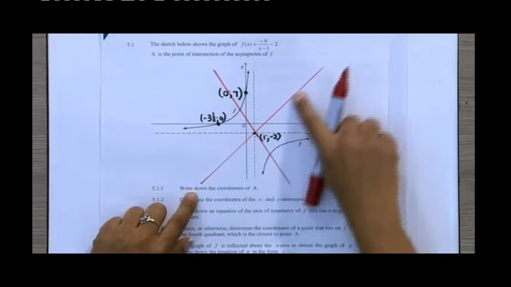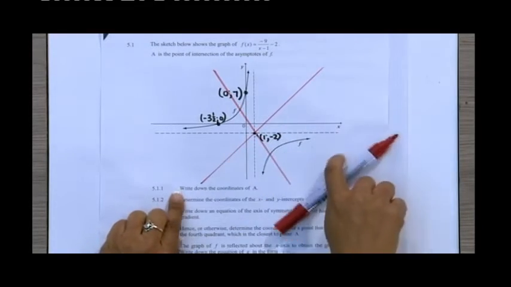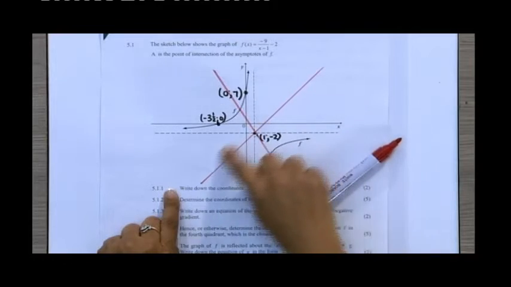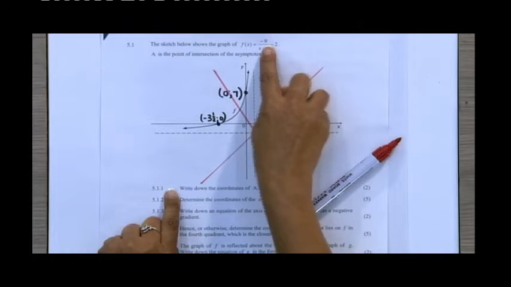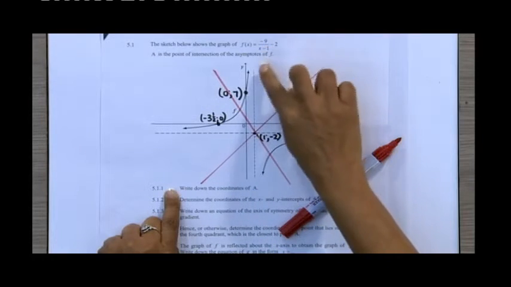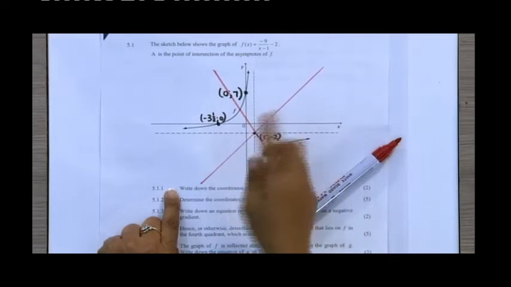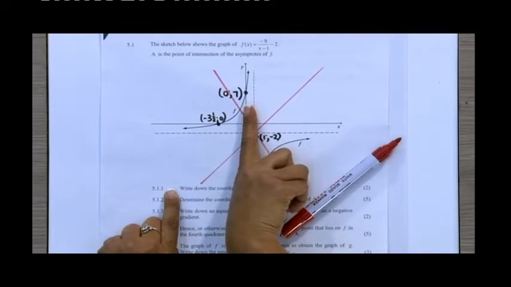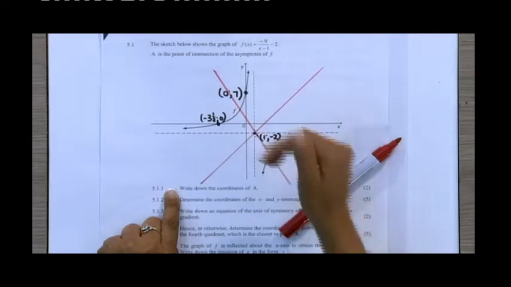Now this axis of symmetry has a positive gradient. Remember, all that happens is this line here would have been your axis of symmetry had you not to have that asymptote and that asymptote there. But all that happened was this axis moved 1 unit to the right and your y dropped by 2 units.